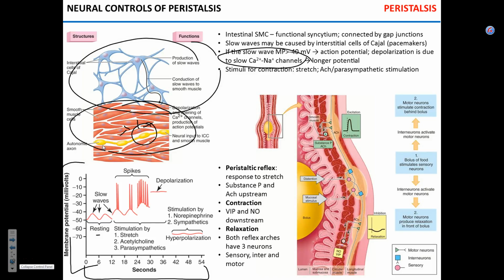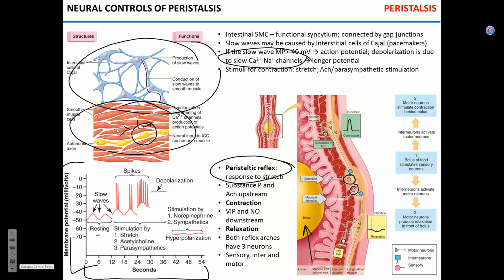Okay. Now, the so-called peristaltic reflexes are specifically responsible for the stretch-induced contractions. So how it works. This yellow thing is the food bolus that stretches out the intestinal wall. Are you keeping up with me?